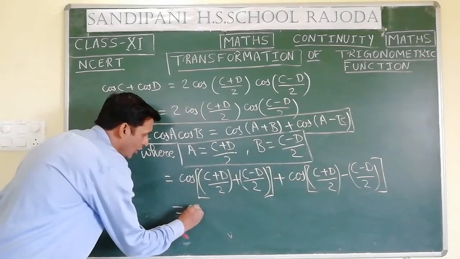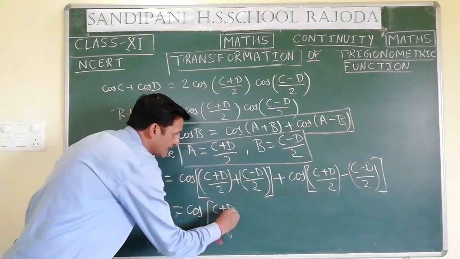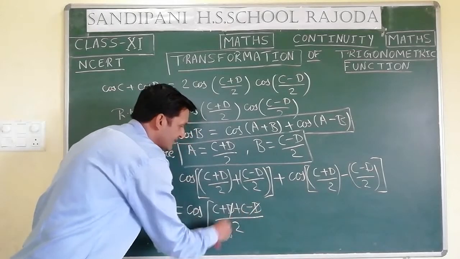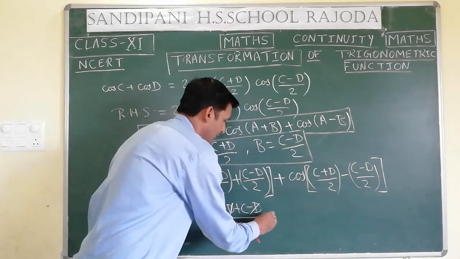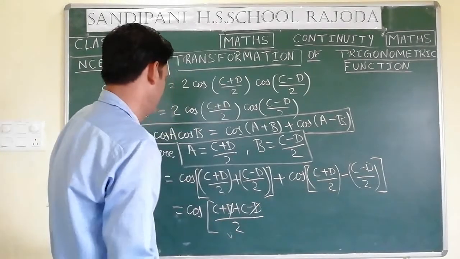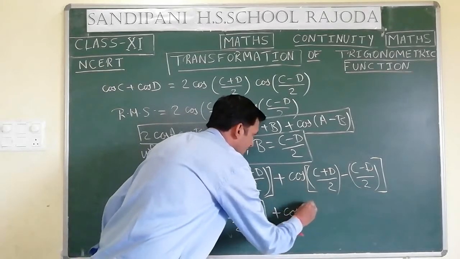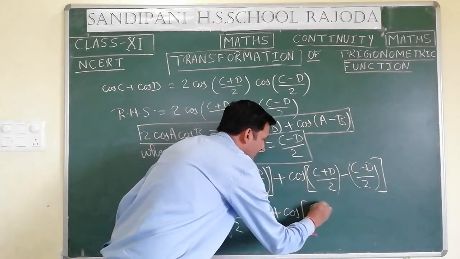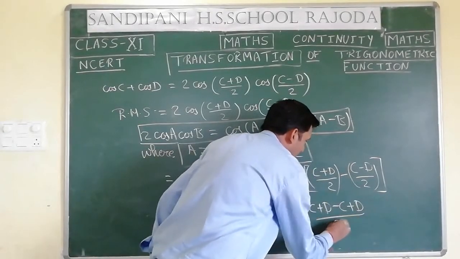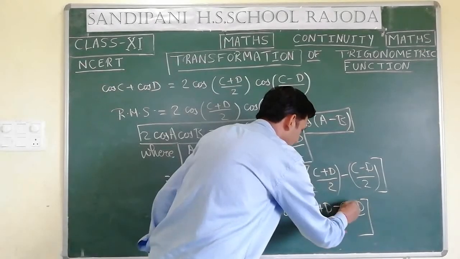Now 2 will be the LCM here. So it will be equal to cos of (C plus D plus C minus D) by 2. So this D is cancelled. Plus cos of (C plus D minus C plus D) by 2. So here C is cancelled.